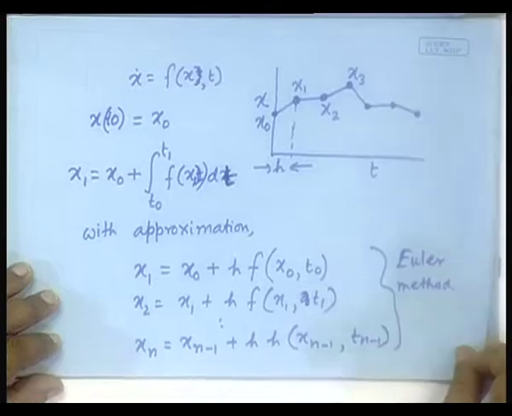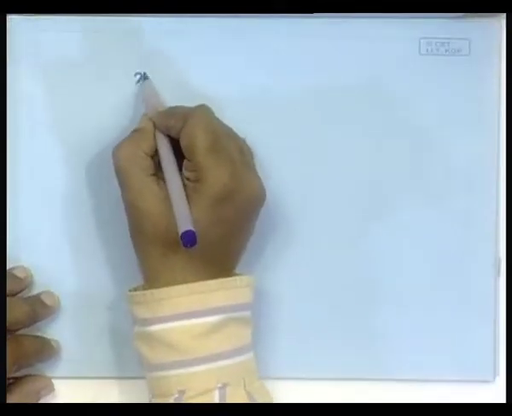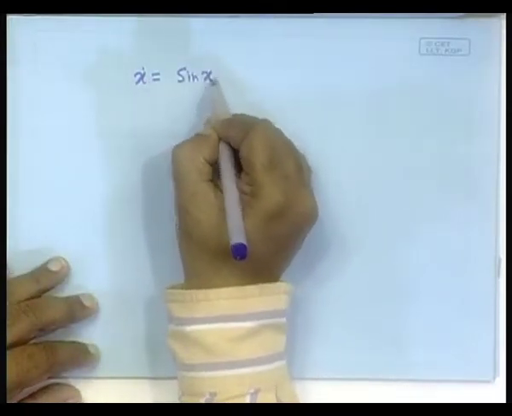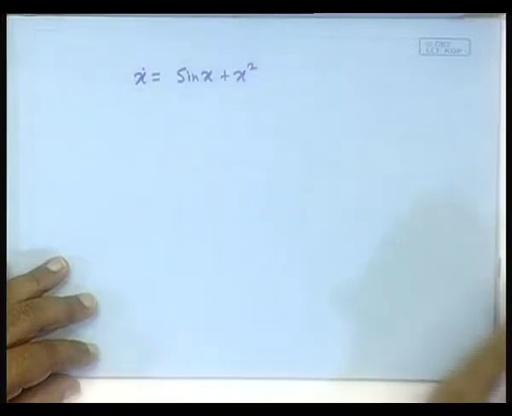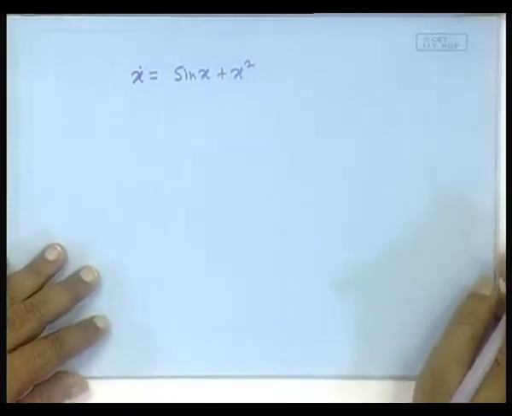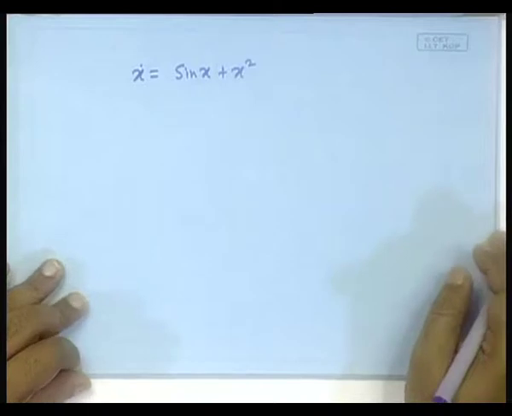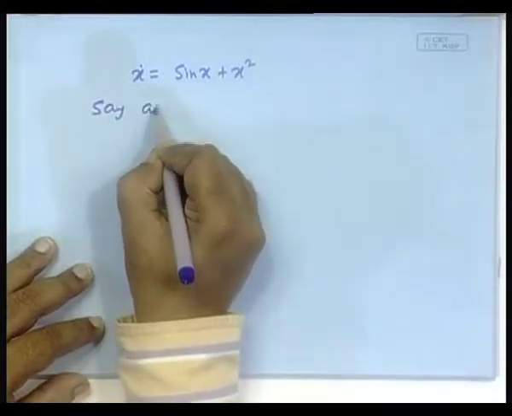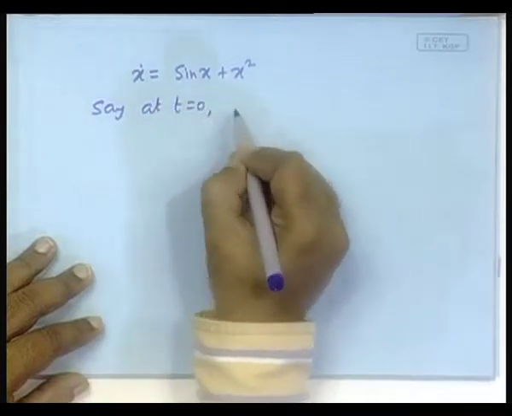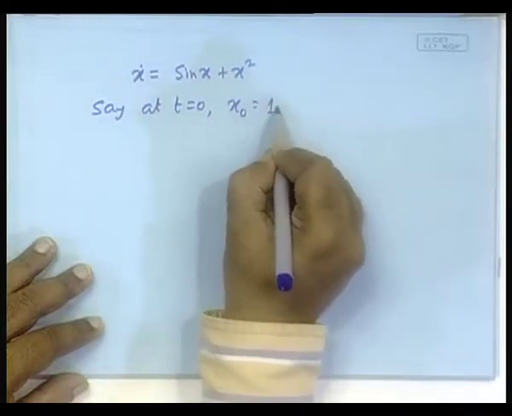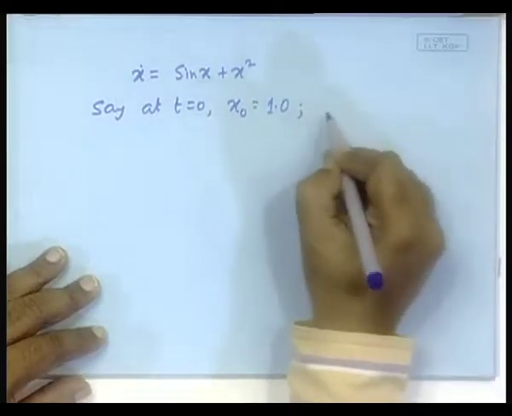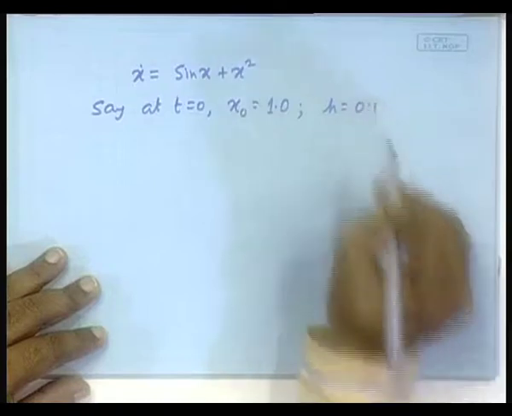Let us illustrate this with the help of one simple example. Say your x dot is equal to sin x plus x square. Say at t is equal to 0, x naught is equal to 1.0, okay, and say h is equal to 0.1.